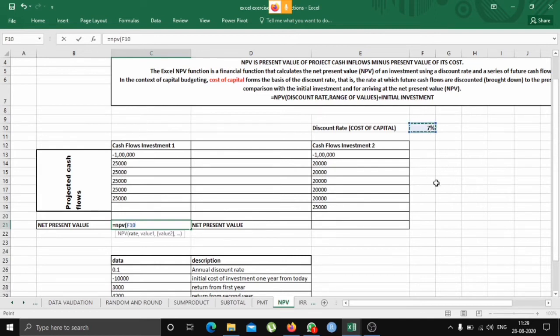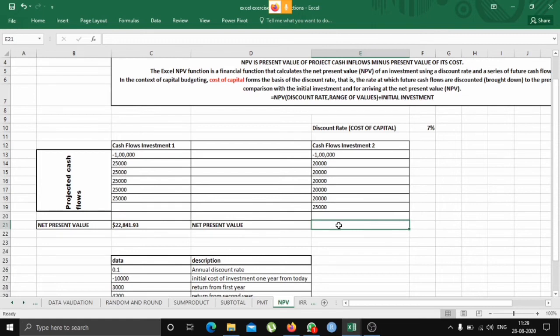We are considering the discount rate as 7% divided by 12, as a monthly discount rate. Then select the range of all the cash inflows, and then close the bracket. And at the end, put a plus sign showing the addition of the cash outflow. Since it is negative, we will get the exact difference, and we will get the NPV for each year. So the NPV for each year is 22,841.